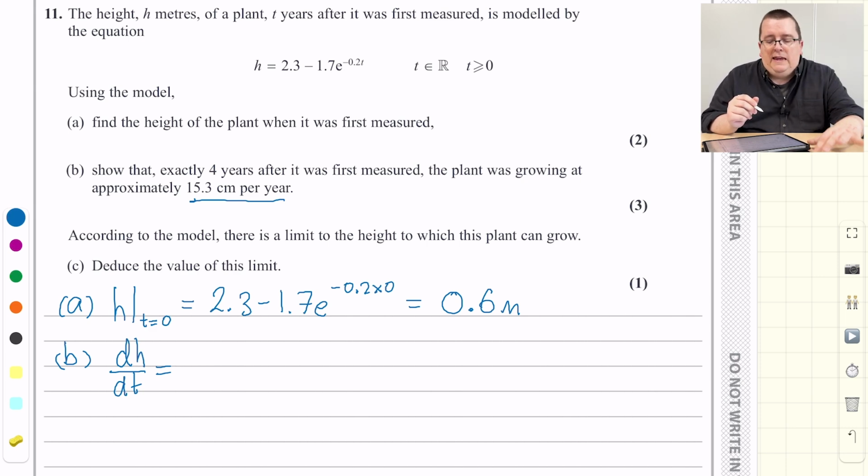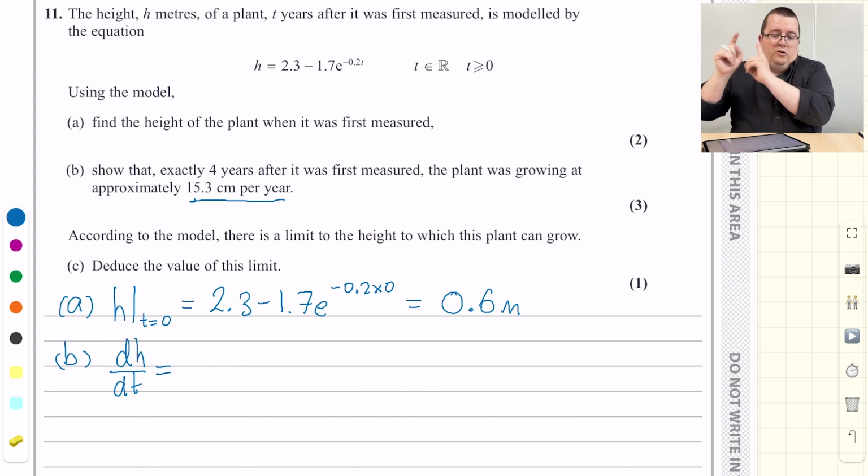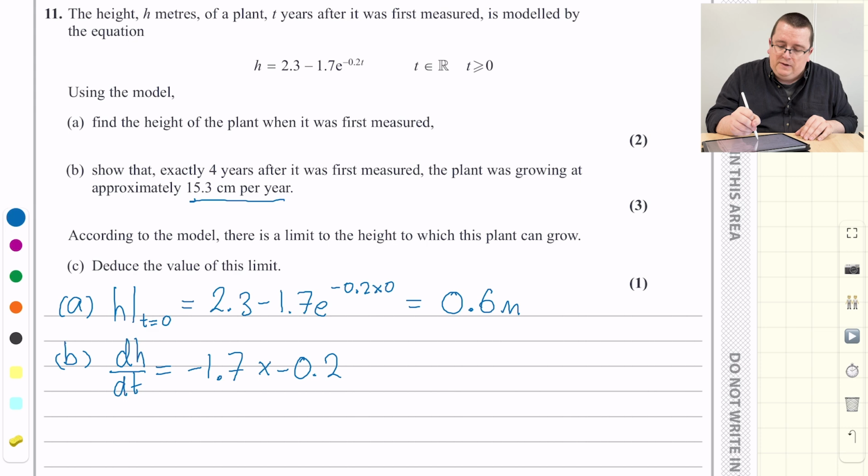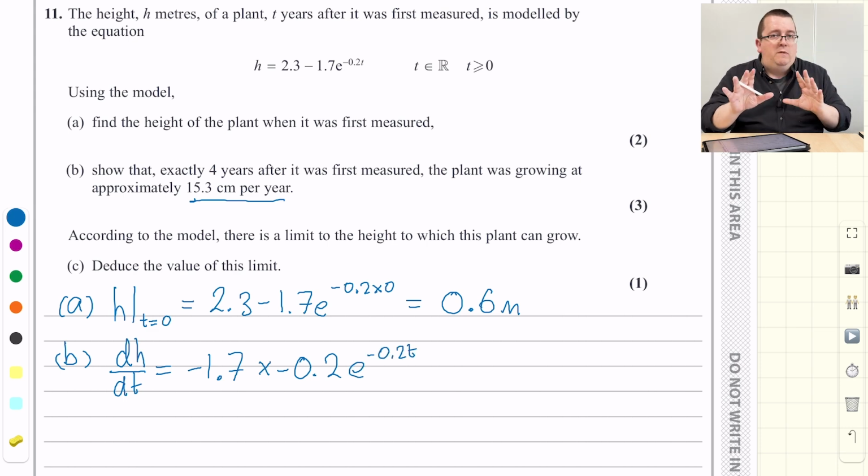The e to the minus 0.2t, what happens is that the coefficient of t, minus 0.2, just that bit, comes down to the front. So we'll have minus 1.7, which is the multiplier, times minus 0.2 coming down to the front, and e to the minus 0.2t stays as it is. You don't take 1 from the power or anything like that, okay? Exponentials differentiate in that way.